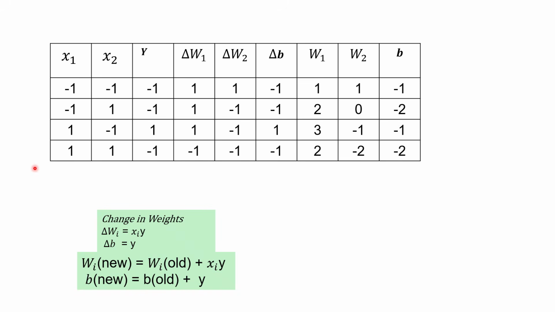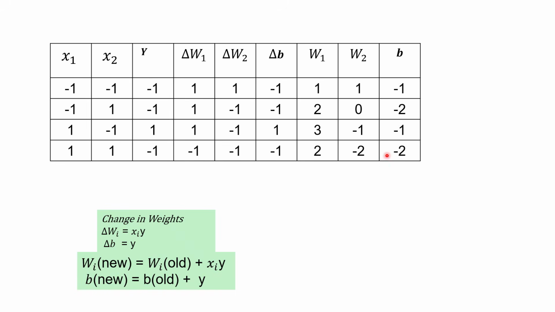For the last input combination, 1, 1, the target is -1. Del W1 will be 1 into -1, that is -1. Del W2 will be 1 into -1, that is -1. And del B is nothing but y, that is -1. The new weight W1 is W1 old, that is 3, plus change in weight -1, so 3 plus -1 is 2.